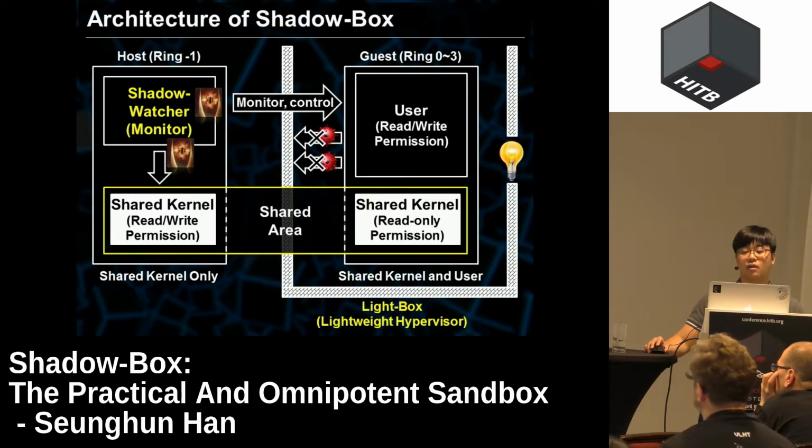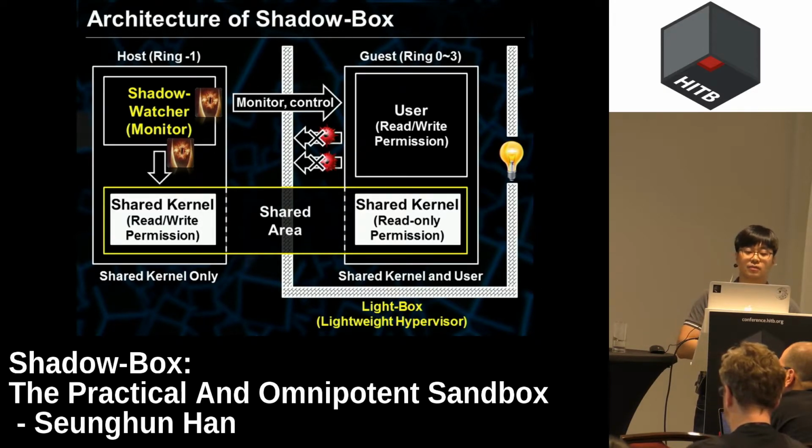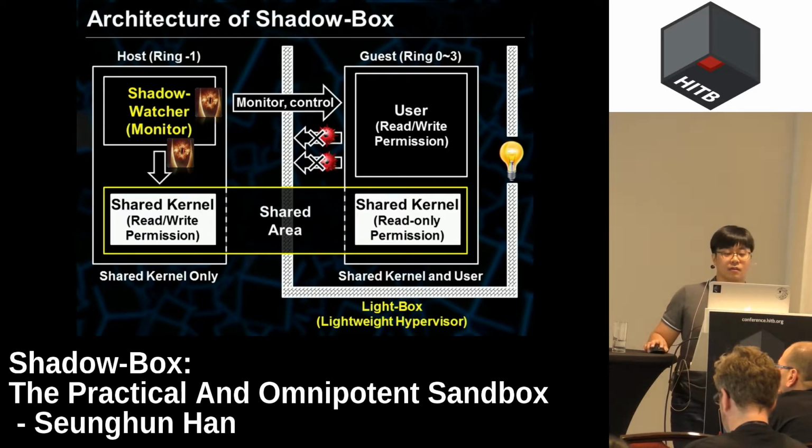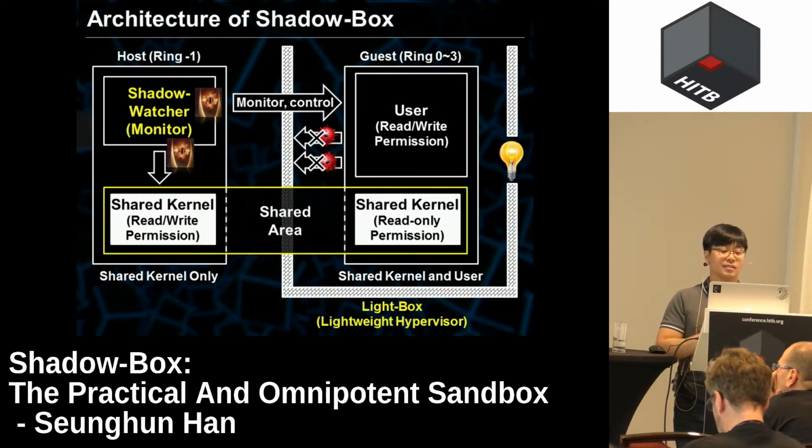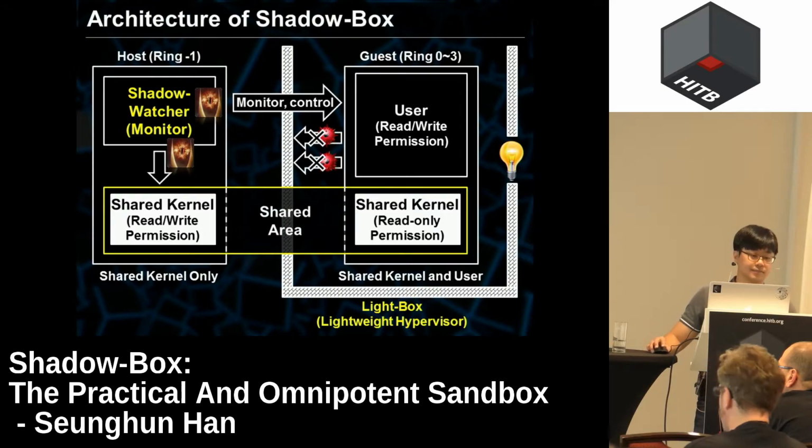Therefore, Shadowbox shares the Linux kernel between the host and the guest. The kernel modification of the guest can be prevented and cannot affect the host kernel. Shadow Watcher over there, the security monitor, controls and monitors the OS in the guest using LightBox.